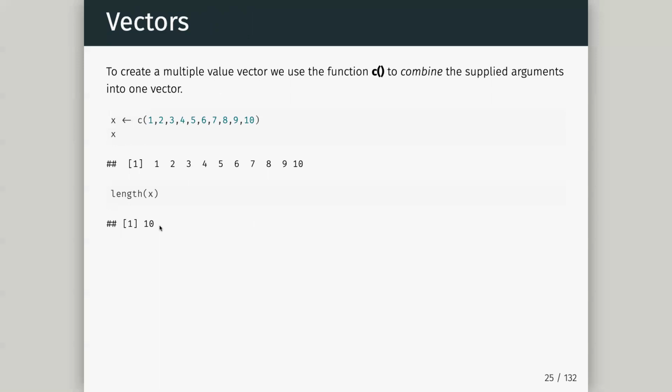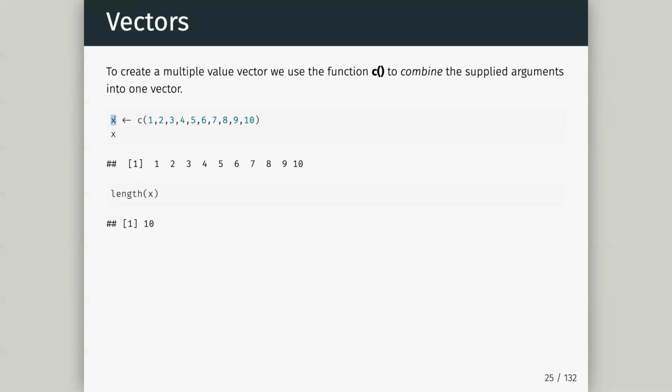If I want to create multiple vectors myself, and often we're going to be reading in vectors from files, I can do that very easily using another function called combine. It's c, but it stands for combine.